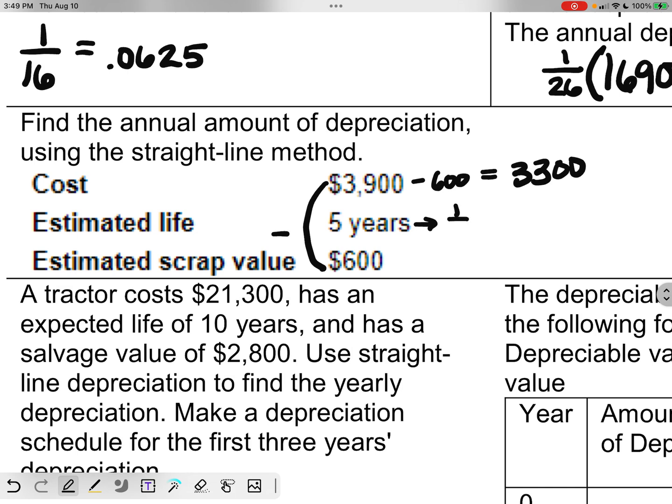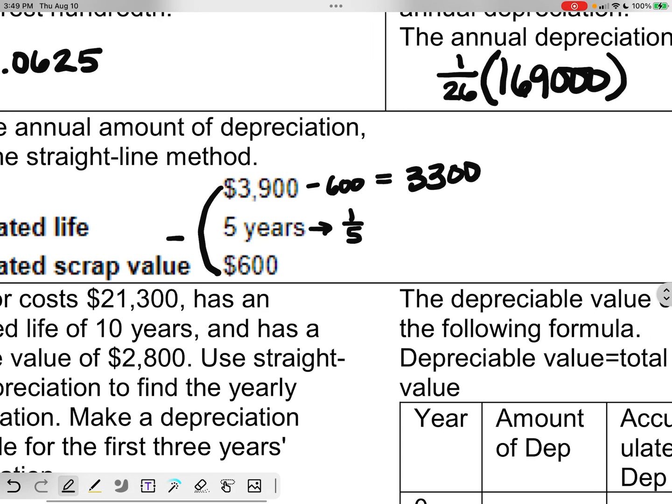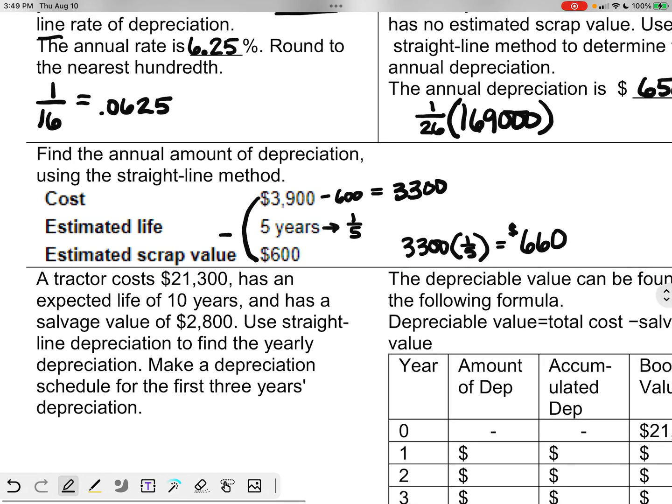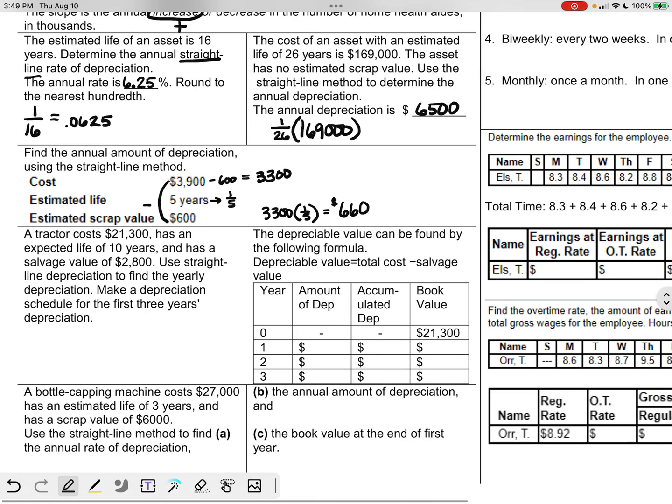My 5 years is going to give me that rate of 1 to 5, or 1/5. So then we're going to go with the 3,300 being multiplied by 1/5, and that will produce your value at $660. Again, depreciation, meaning it goes down, down, down. You're losing money each year.